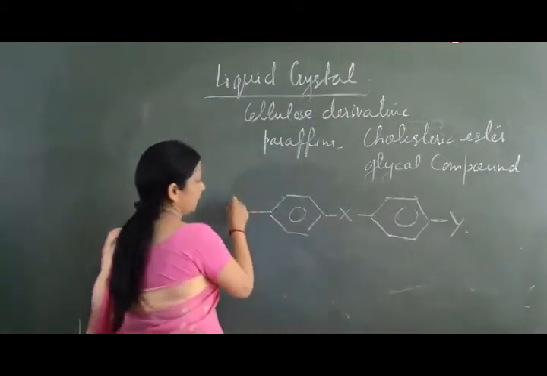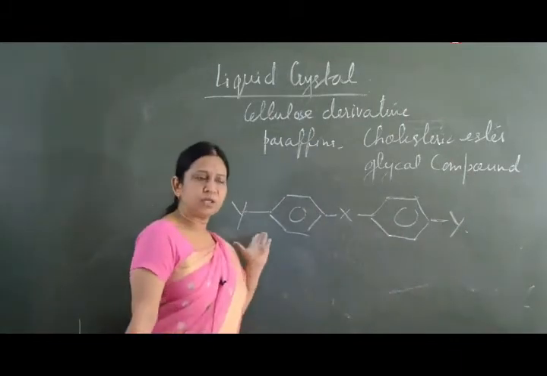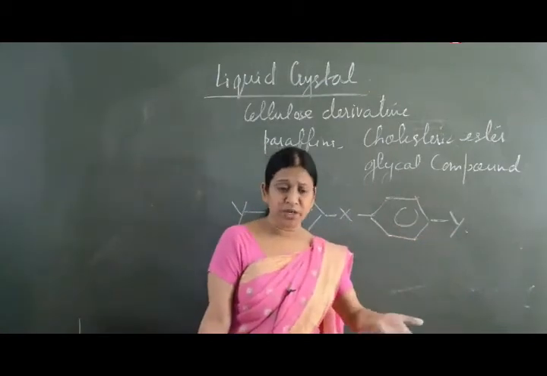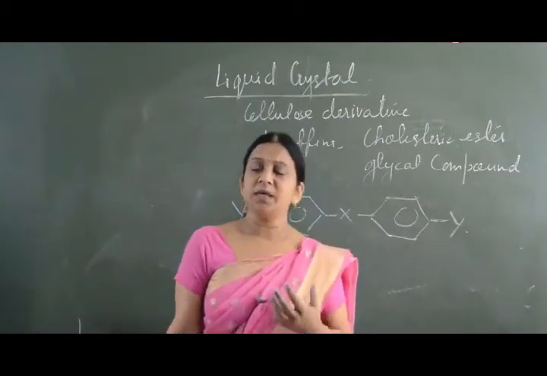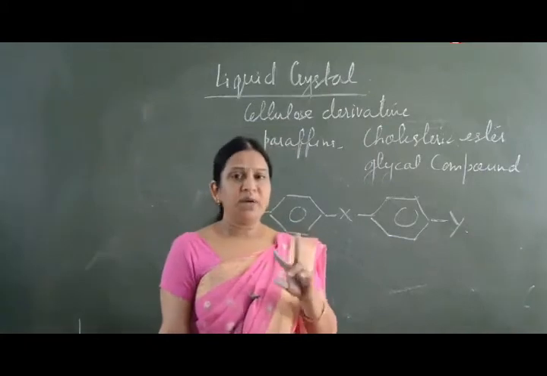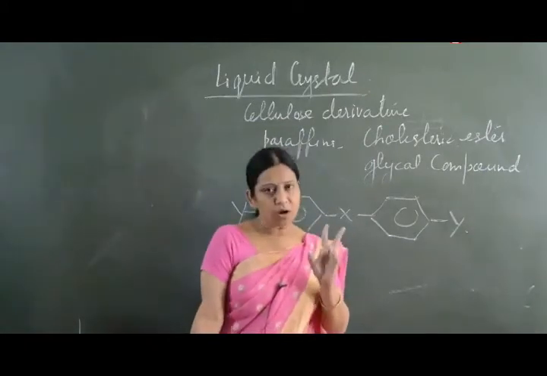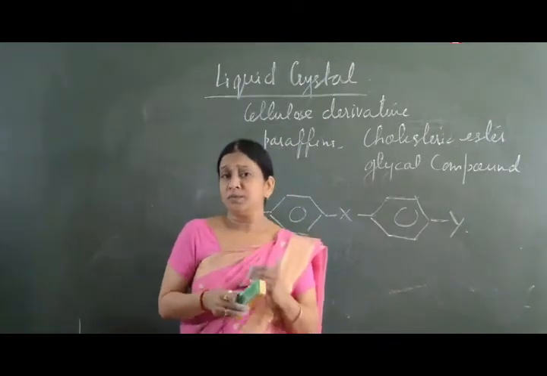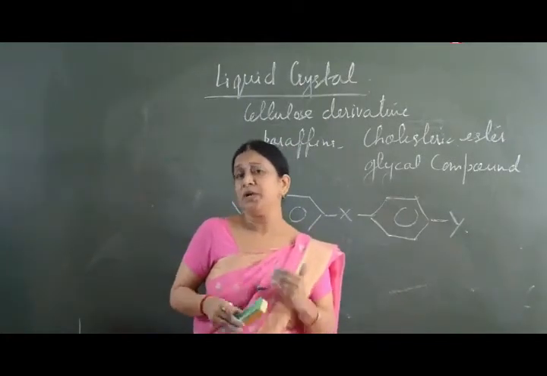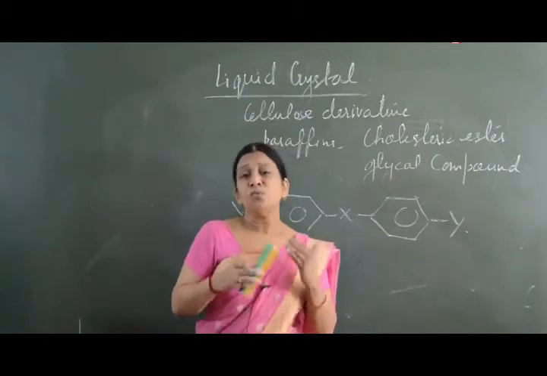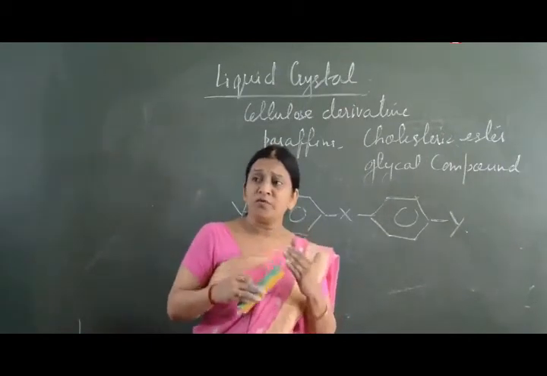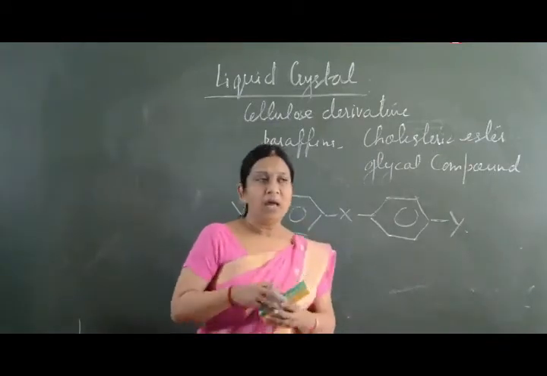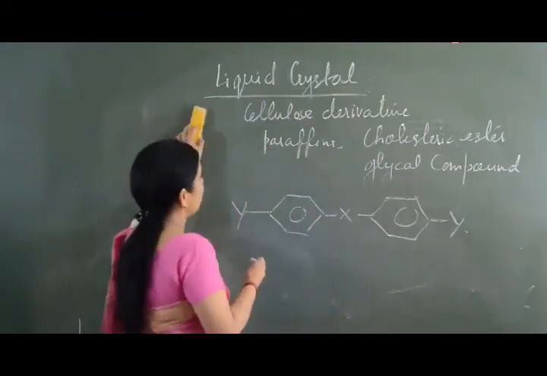This is Y and this is Y. Y here is a long chain of hydrocarbon, and X is the group I have mentioned. It can be an azo group, an azoxy group, or a carbon-carbon double bond or carbon-carbon triple bond. If this is the structure, then that substance is going to behave as a liquid crystal, which is a mesomorphic state, a state between solids and liquids, and that is known as liquid crystal.